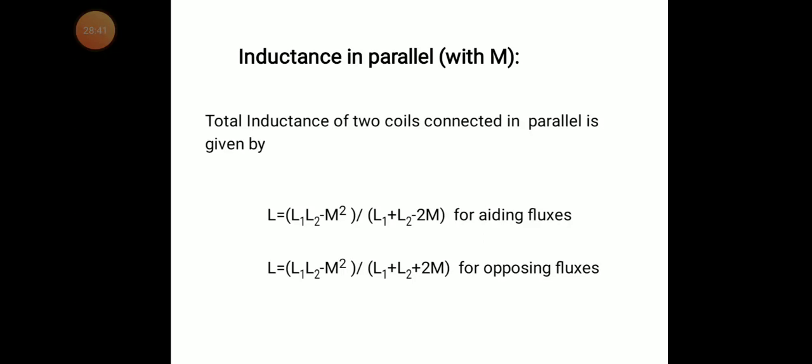For opposing fluxes, it is (L1 L2 minus M square) by (L1 plus L2 plus 2M). Both are the same in the numerator. In the denominator, the aiding flux has minus 2M, and the opposing flux has plus 2M. So this is the inductance connected in parallel with mutual inductance.